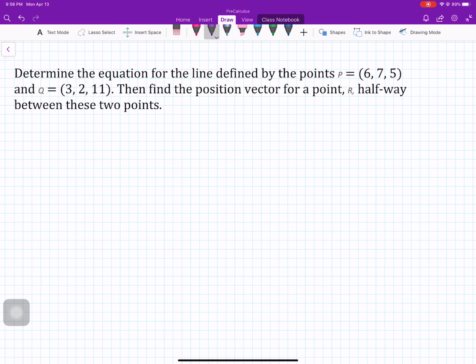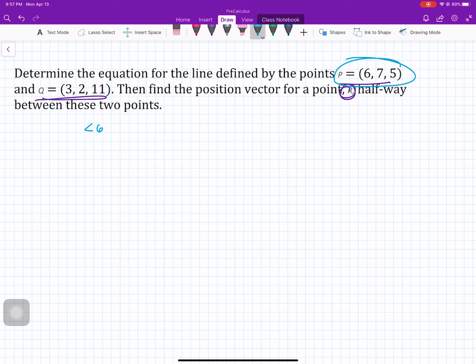Technically, this would be a plane instead of a line, but still quite interesting to work with. So determine the equation of the line defined by these 2 points, and then find the position vector r halfway between these 2 points. So now we're doing some actual calculations here. I'll make P my initial point.